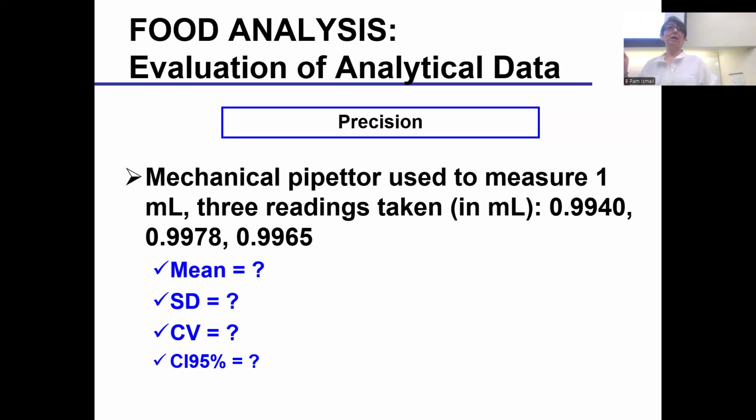No, you must have an error here. Yes, it's 0.0019. So you might want to revisit your calculation. It might be a simple error. And then the coefficient of variation? Anybody? Take a minute.